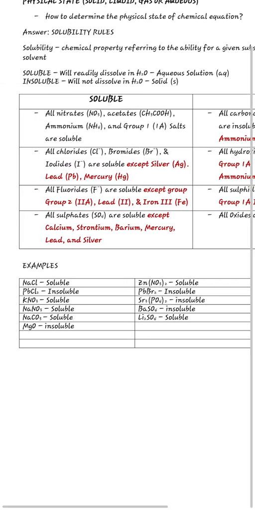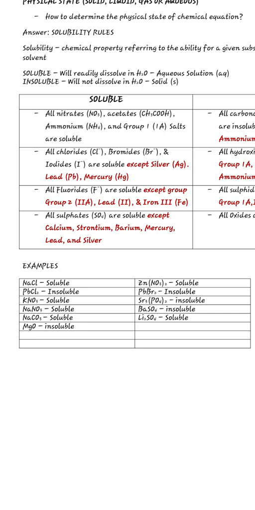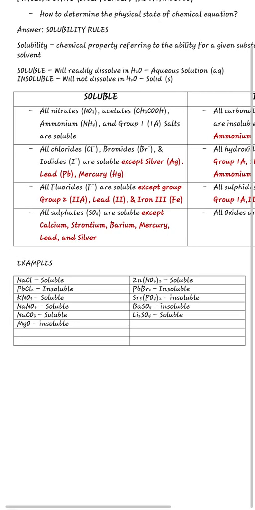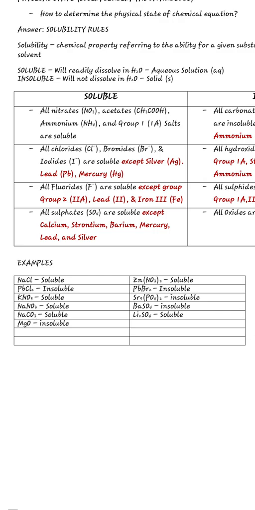I have here some examples. For example, sodium chloride: soluble. Remember that you have to look at the last element that you have. Lead and chlorine: insoluble.